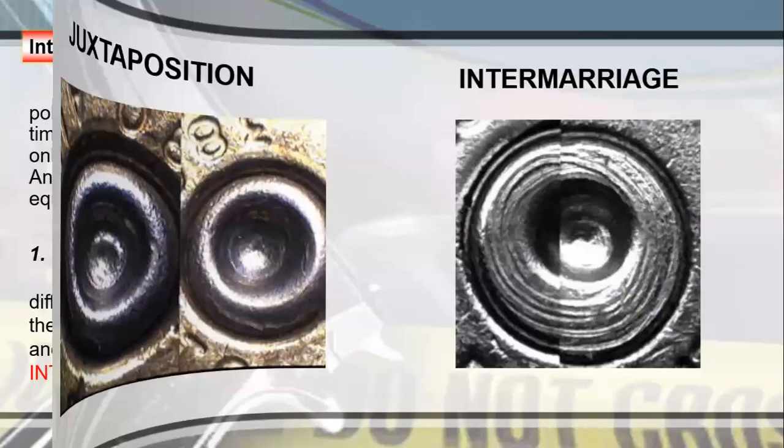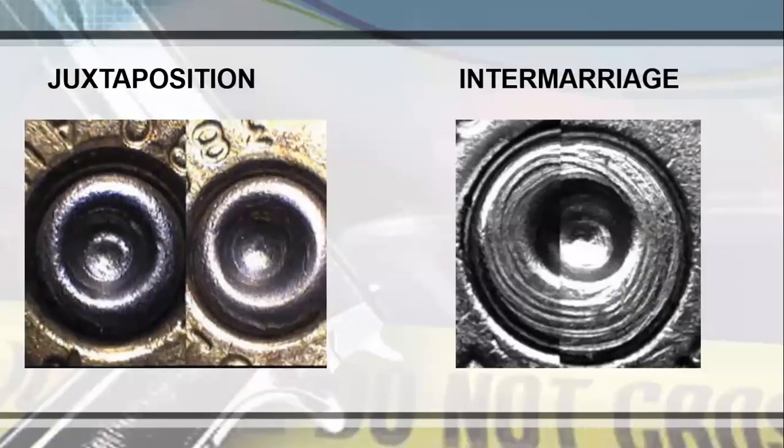As shown in the slides, mayroon tayong tinatawag na juxtaposition and intermarriage. Juxtaposition is a position of two specimens that we are looking at to orient with the characteristics or microscopic characteristics. So once napag-match na natin ang dalawang specimen, pagsasamahin natin siya para magmukha siyang parang iisa lang.